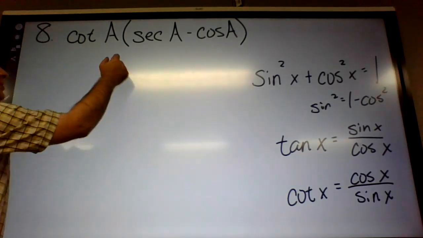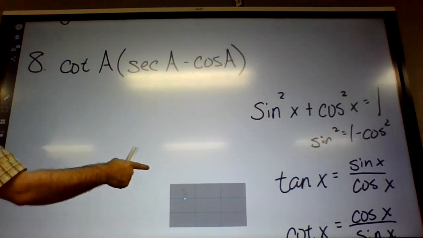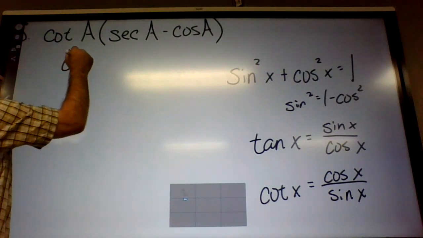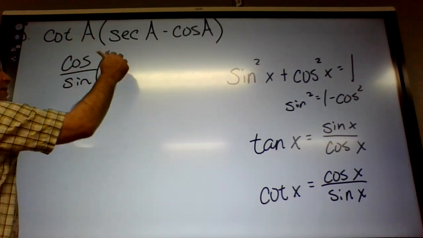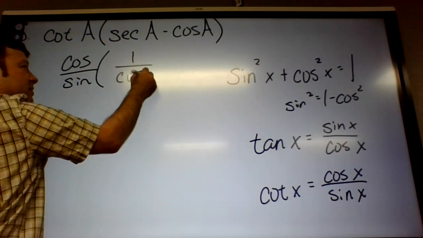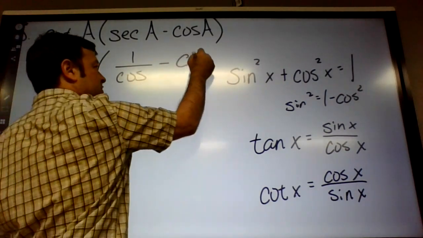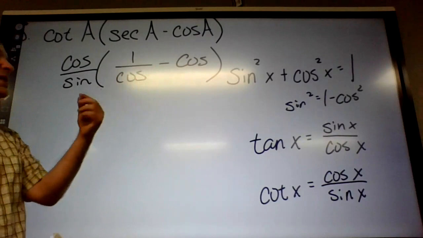So, what can cotangent turn into? Usually when I work these out, I kind of drop the angle. What does secant turn into? What about cosine? Let's leave cosine as cosine. There is actually a way you could add these together.